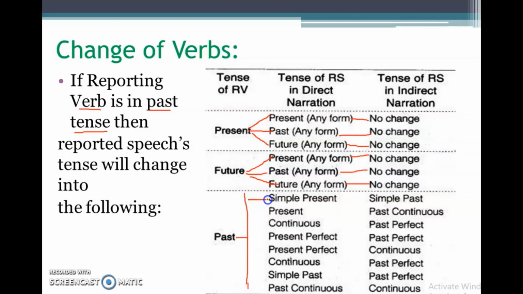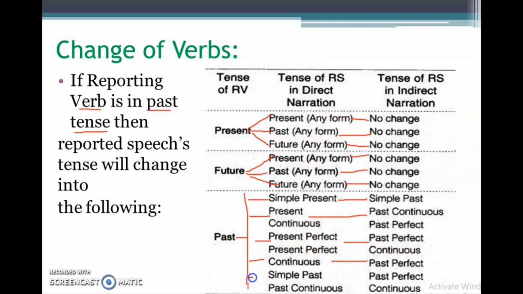If there is simple present, that will be changed into simple past. If there is present continuous, that will be changed into past continuous. If there is present perfect, we will change it into past perfect. If there is present perfect continuous, we will change it into the respective past tense.